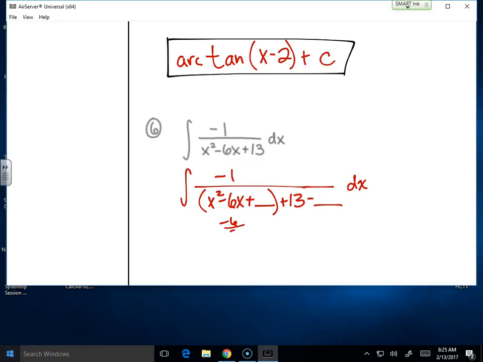Then square it. Take the middle term, -6, cut it in half, and then square it. What do we get? So then plus 9 minus 9 cancels out. Why on earth did we do that?